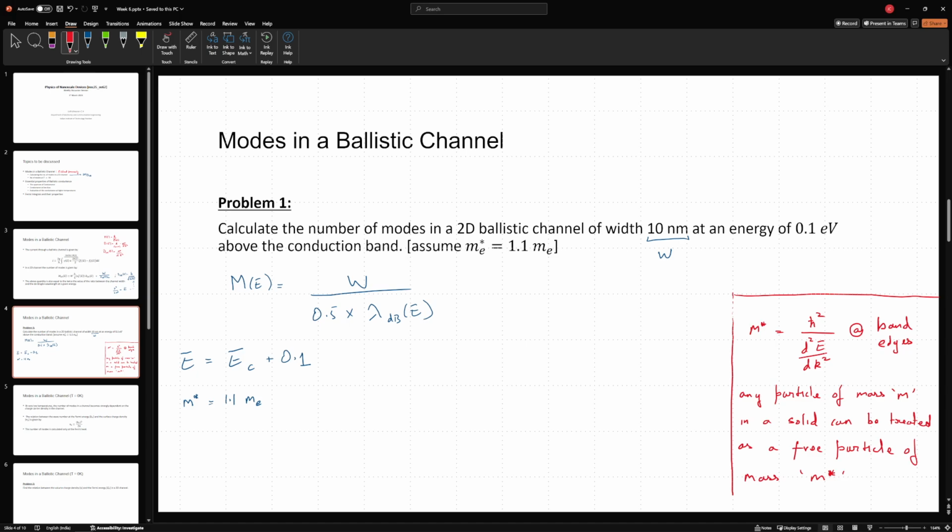Now, what does that mean? So this is an electron in the conduction band, above the conduction band minimum. Let me select all of this and just drag it down.